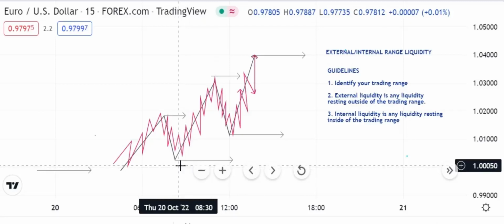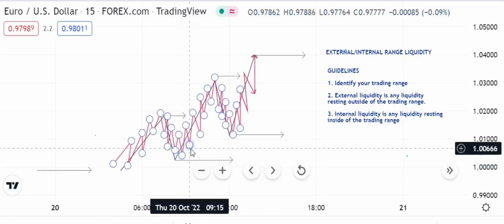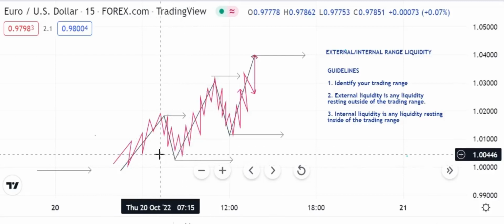Now that we have identified our external range liquidity, in the case of an uptrend, in my own case, the way I trade, the way I name them is this. Because we are in a bullish structure, like I told you in lesson 1, you don't want to see the lows being violated.